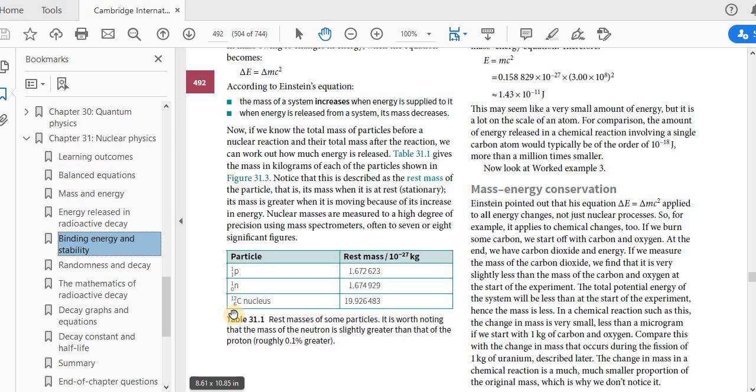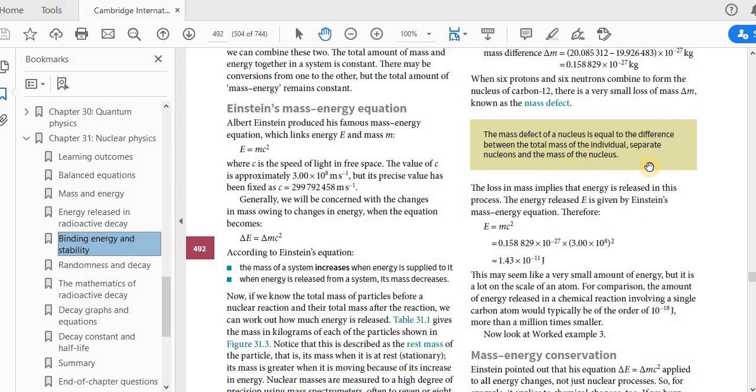The mass number minus the proton number will give you the number of neutrons. So if you multiply this by 6, and multiply this by 6 and add them together, you will see that number is not the same as this number. If you get the difference between those two, that will be the mass defect, also called mass deficit.